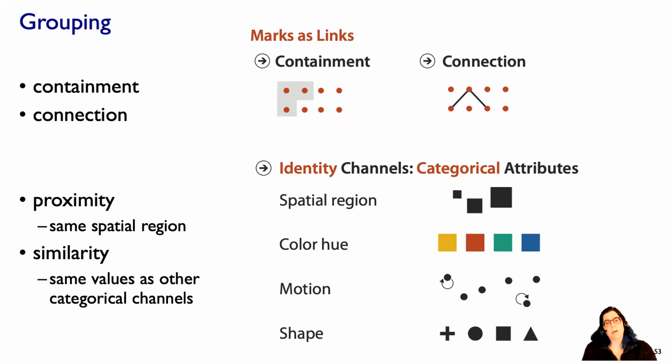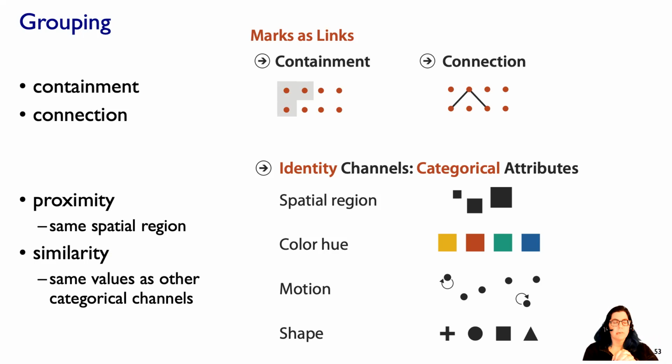Finally, before we wrap up, I just want to think a little bit about this question of how do you perceptually encode that things are related to each other by being in the same group? We've already talked about the idea that you could have a mark that would represent a link, whether it's containment or connection. And so clearly that's expressing some sort of grouping relationship. But that's not the only thing we can do.